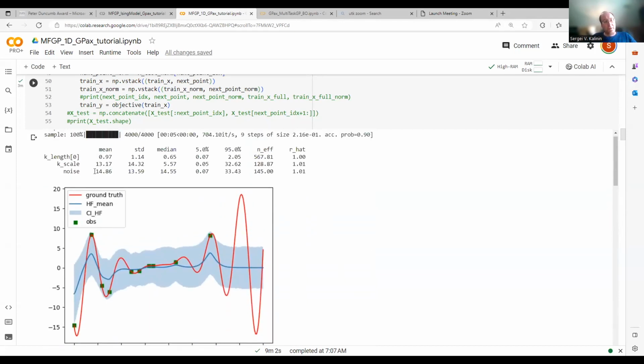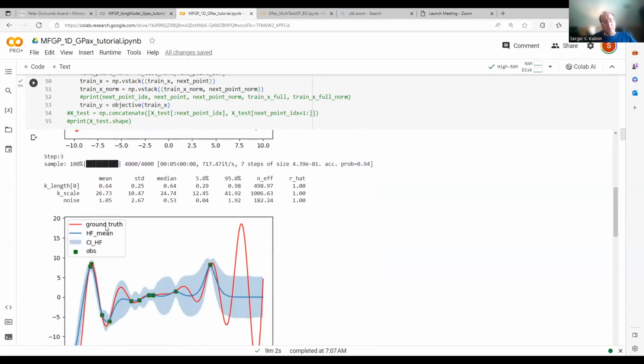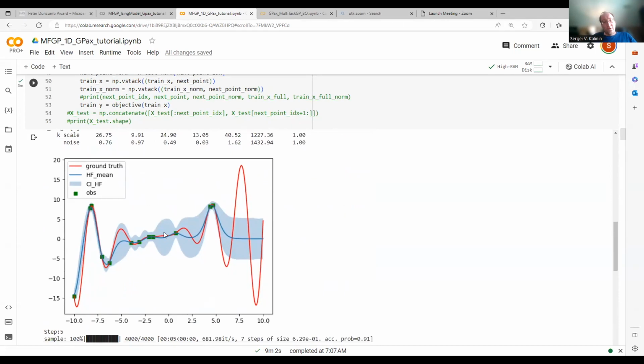So notice that in the beginning, it says that I think that the noise is high. Then actually I believe the measurements more. Then it becomes that, okay, you know what, the noise is actually small. So then you keep doing it, and you see how the classical Bayesian optimization basically explores this parameter space.